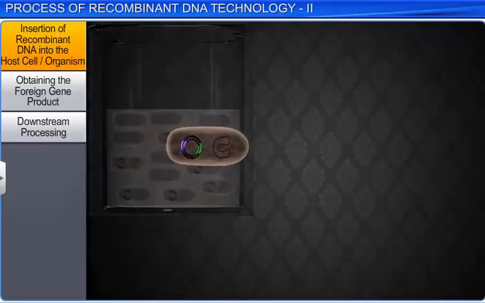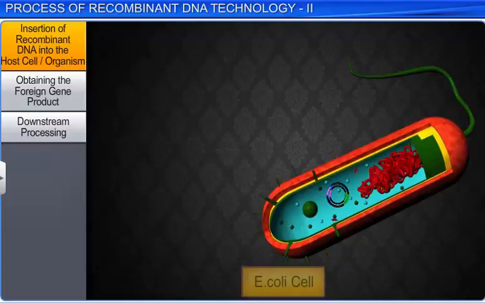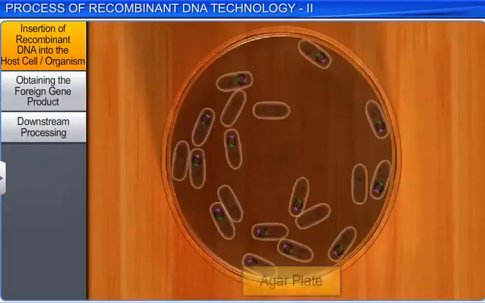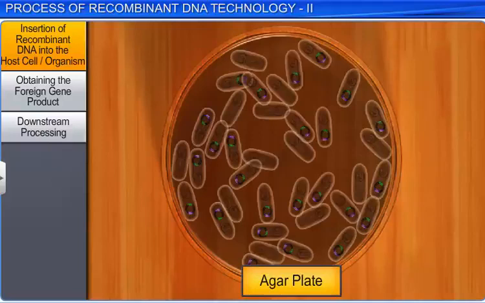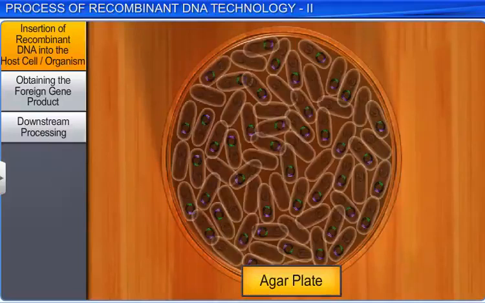If we consider the insertion of a recombinant DNA-bearing gene for ampicillin into the host cell E. coli, the host cells will become ampicillin resistant. Thereafter, when the host cells are spread on agar plates containing ampicillin, only the transformants will grow.